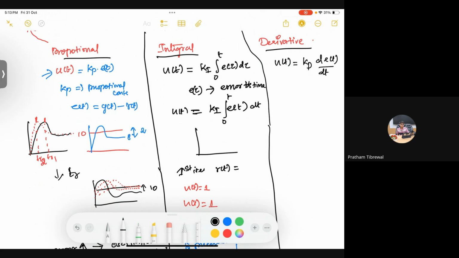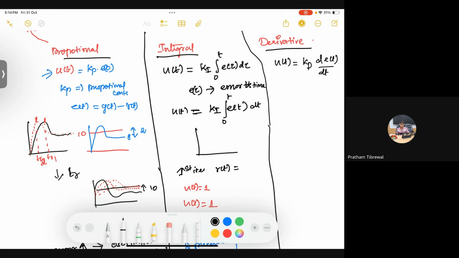This is the opposite of the integral action. It will help us bring down the integral windup a little bit, or even more effectively, when we use derivative control. So all these kp, ki, kd are constants, where the next terms will depend on your error. In proportional control it will just change proportionally. In integral control it keeps track of error, it saves all the error and changes accordingly.